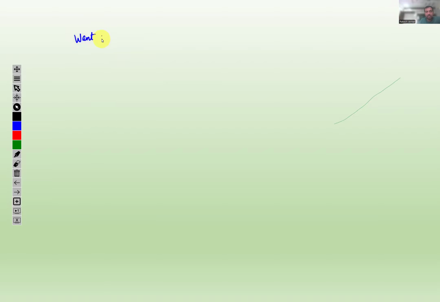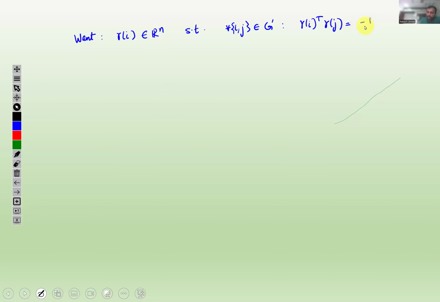We want an assignment of a set of vectors to every vertex in the graph such that for every edge in G prime, this angle is maintained. And what is the most natural thing to do? Well, notice what happens for k equal to 3.